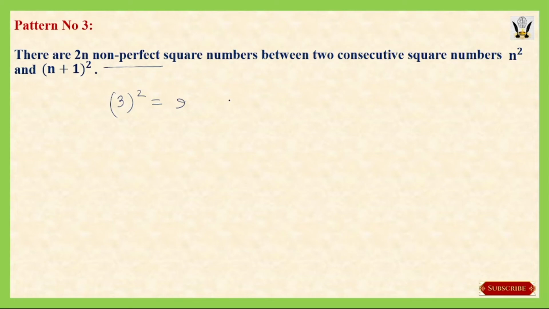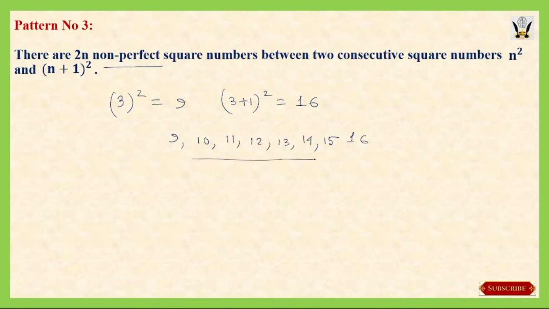And the next square number will be 3 plus 1 square, that means 4 square, so it will be 16. Now between 9 and 16, how many natural numbers are there? 10, 11, and so on. How many? 1, 2, 3, 4, 5, 6. So between 9 and 16 there are 6 natural numbers, and all of them are non-perfect square numbers.